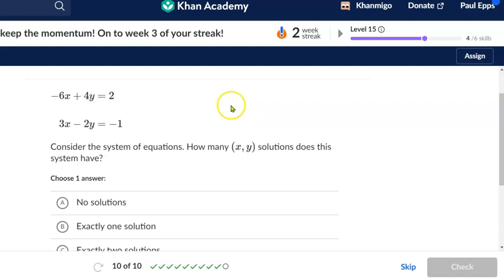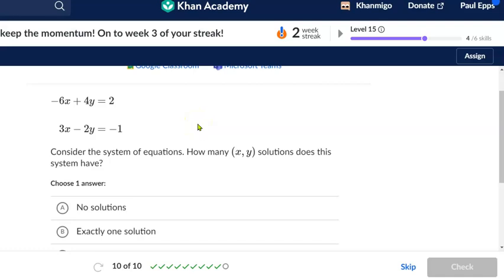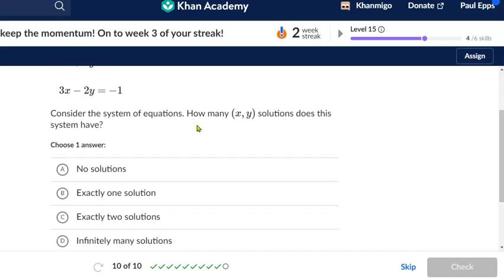But one possibility is that the lines are parallel. They have no points in common. And when we're talking about XY solutions, we're talking about how many points do the lines have in common. If the lines are parallel, meaning they have the same slope, there would be no solutions.